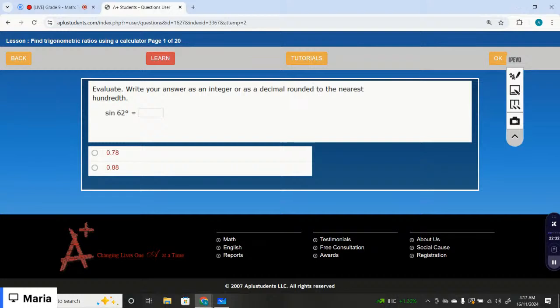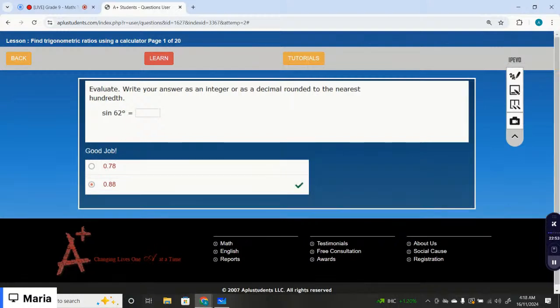So let me just see sine 62. That is 0.88. Option number 2 is the correct option.